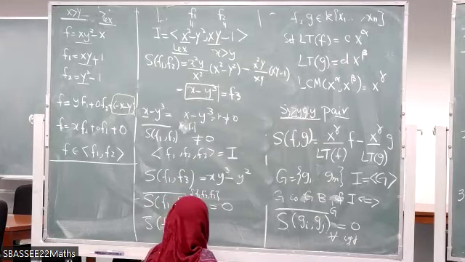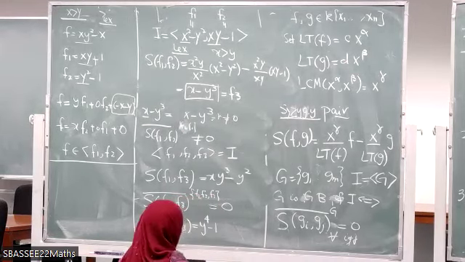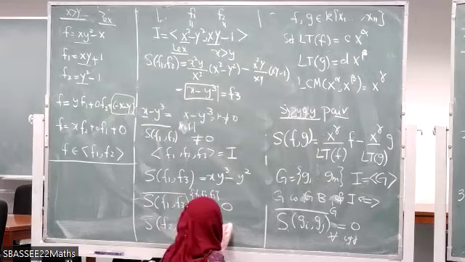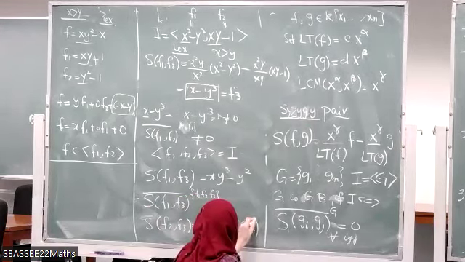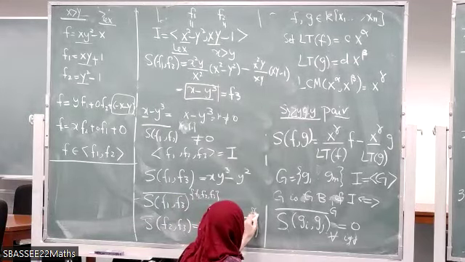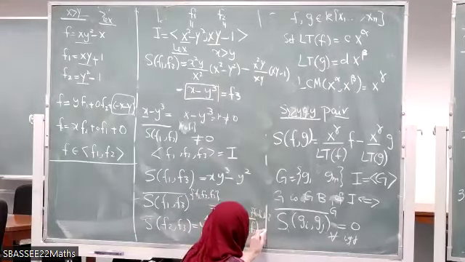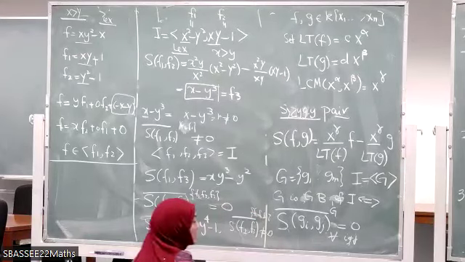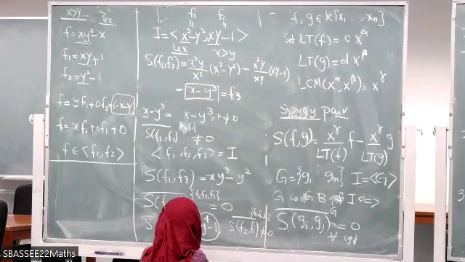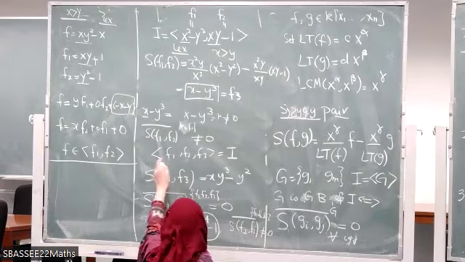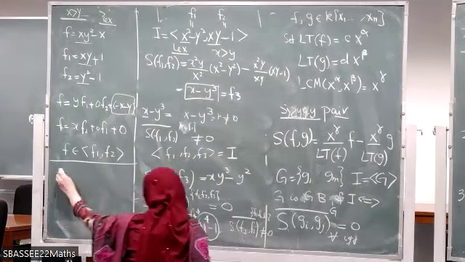It is giving you y to the power 4 minus 1. Then you will check the remainder of this polynomial by your given set F1, F2 and F3, and this will not be equal to 0. So now you will add this one to your set, and your set becomes F1, F2, F3 and F4.